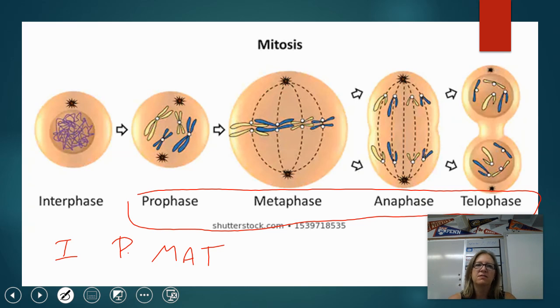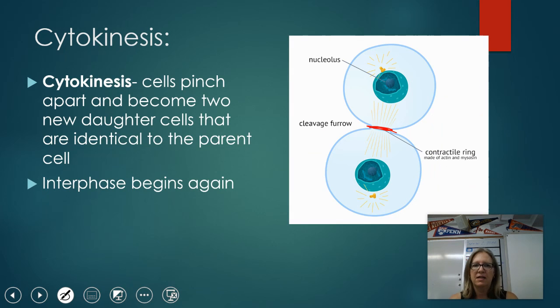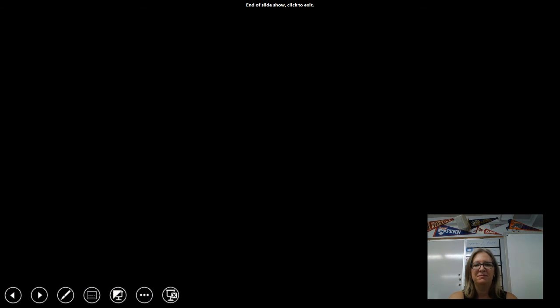So prophase, the chromosomes are formed, they're out of the nucleus. Metaphase, they're right along the equator there. Anaphase, they get separated. Telophase, two new cells are almost forming. And then finally, we've got cytokinesis, where it pinches off and you get two brand new cells, okay? That's it, mitosis.